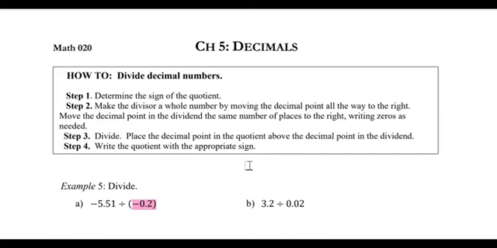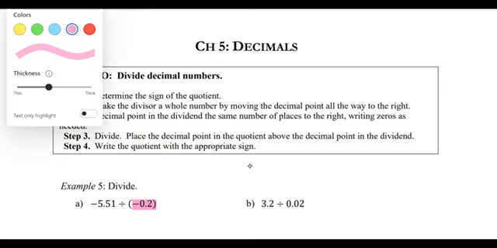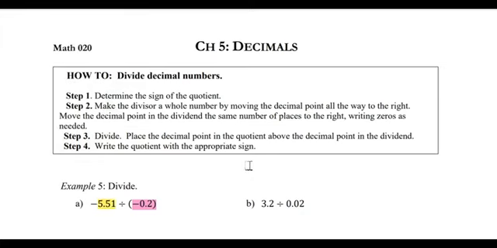Okay, but you can't just arbitrarily get rid of the decimal point. If you're going to change one number, you need to do the same to the other one. Move the decimal point in the dividend the same number of places to the right, writing zeros as needed.